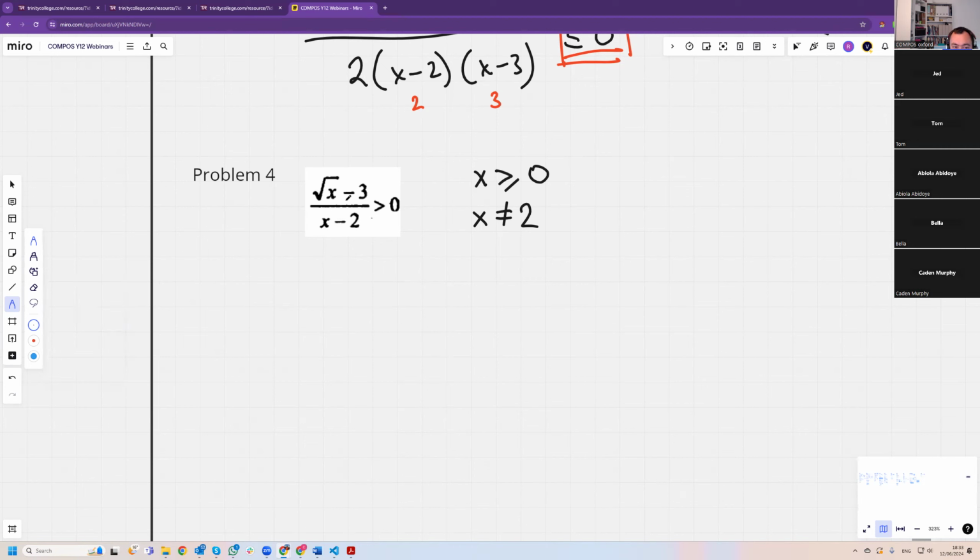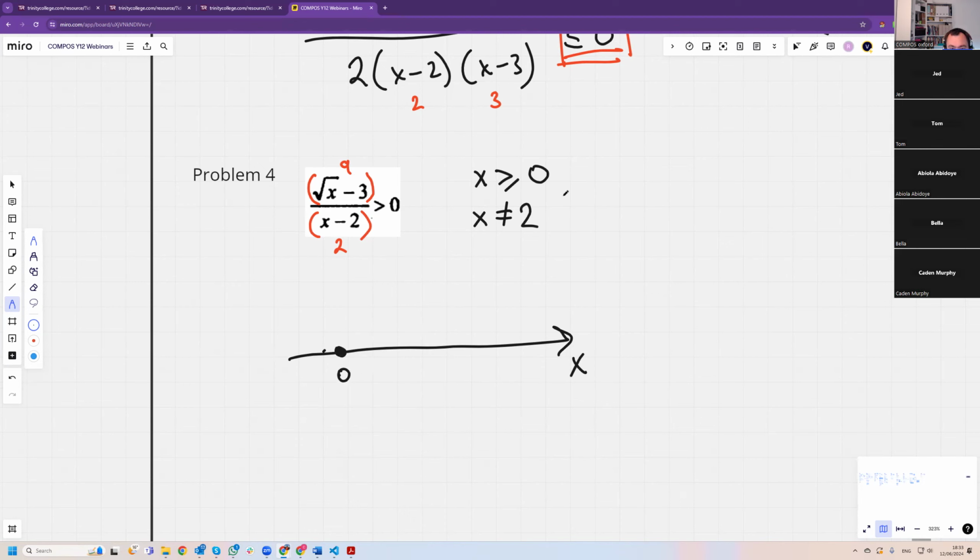We have the critical points here. So what is the critical point for the numerator? 9, very good. 9, and for the denominator, the critical point is 2. That's what you do. X, and then you have 0. You can put 0 now, or you can put it later on, but I prefer to put it right away.